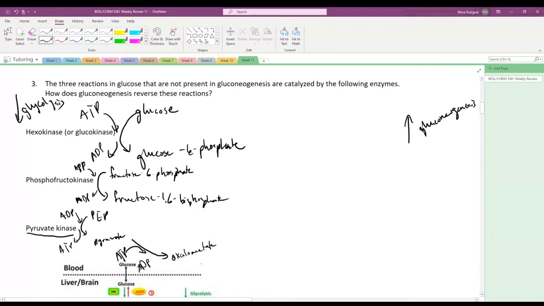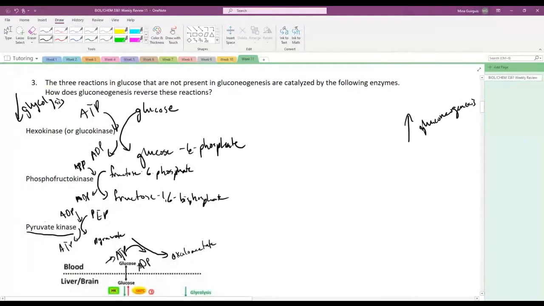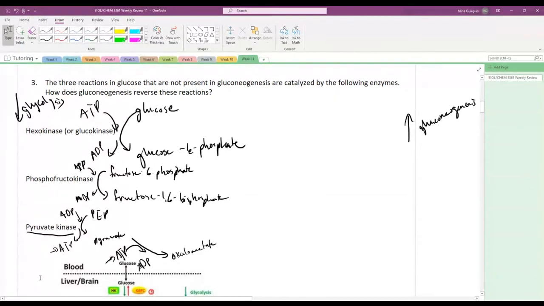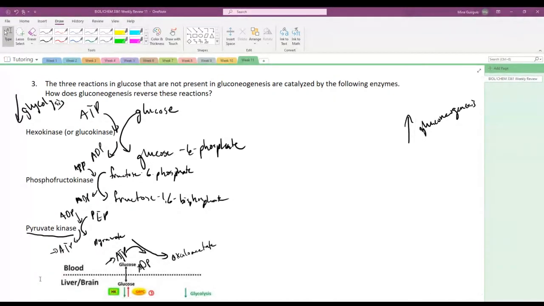Let's talk about this: we use 1 ATP and we would get 1 ATP out of this. So this reaction is kind of neutral with regard to the forward and the reverse. We would get 1 ATP out of the forward reaction, we use 1 in the reverse, that's okay, right?